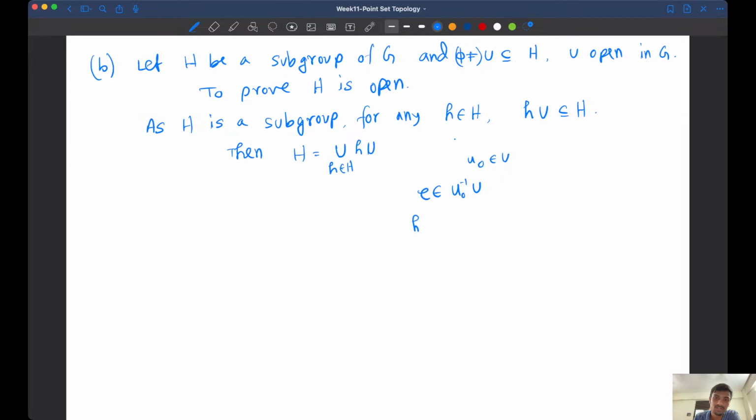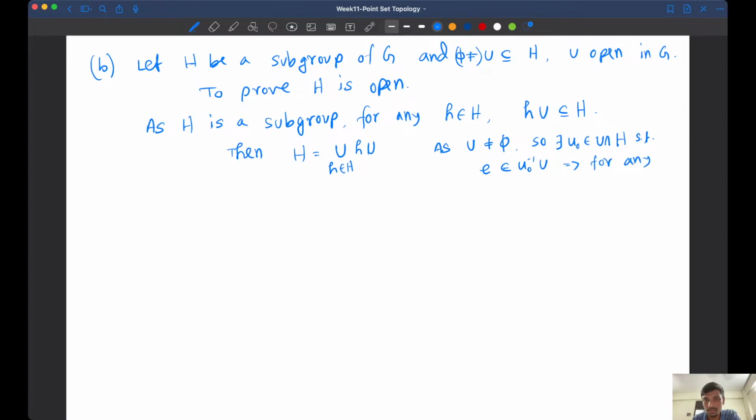So as U is not equal to phi, there exists u naught belongs to U intersection H such that e belongs to u naught inverse U, and this implies for any h belongs to H, h belongs to h u naught inverse U, and h u naught inverse belongs to H. So clearly any h belongs to this collection.